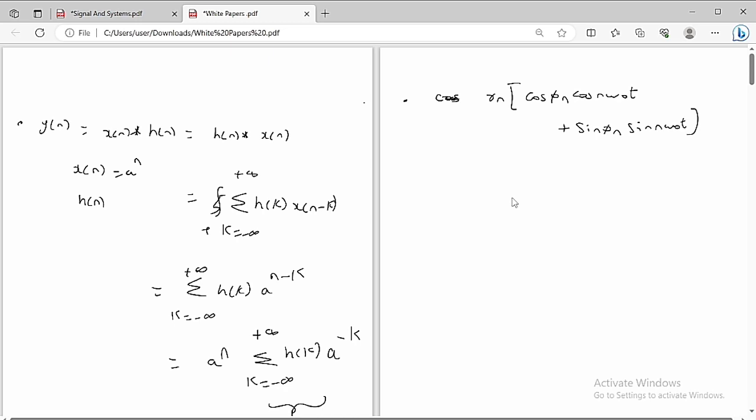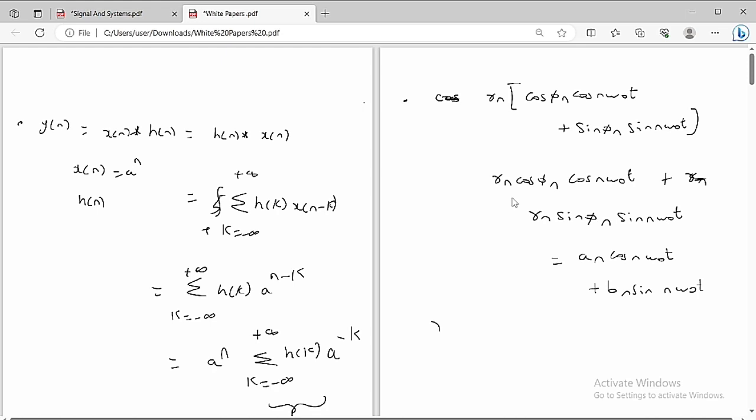Taking Rn inside, we get Rn into cos phi n into cos n omega naught t plus Rn into sin phi n into sin n omega naught t, which is equal to An cos n omega naught t plus Bn sin n omega naught t.